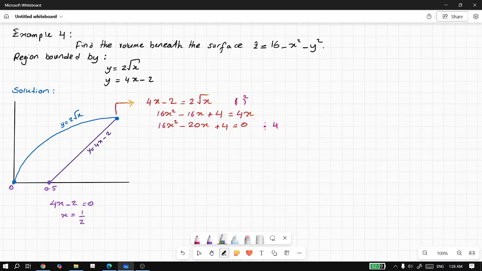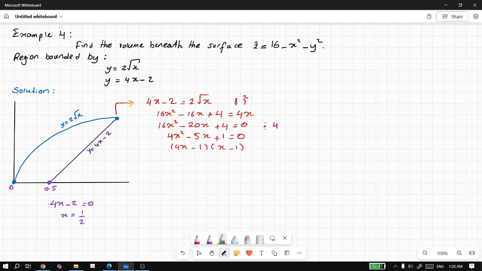Okay, so that becomes 4x squared minus 5x plus 1, that's equal to 0. This gives me 4x, and we have got x minus 1.